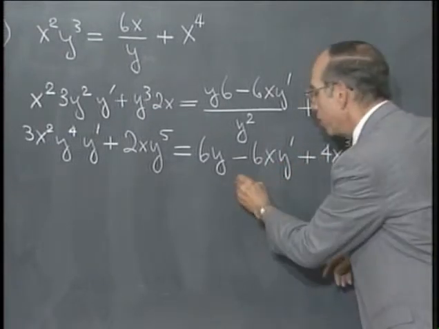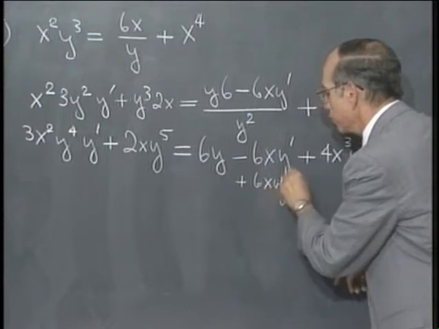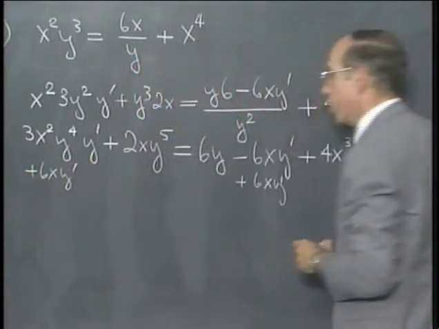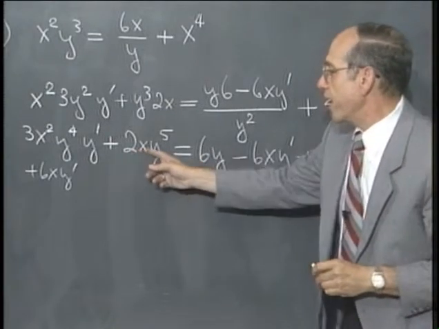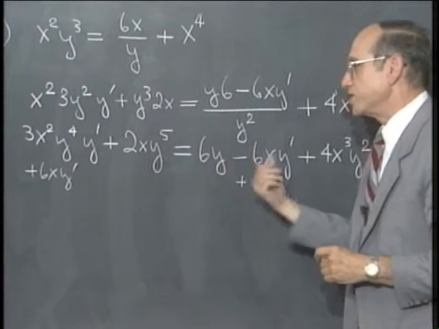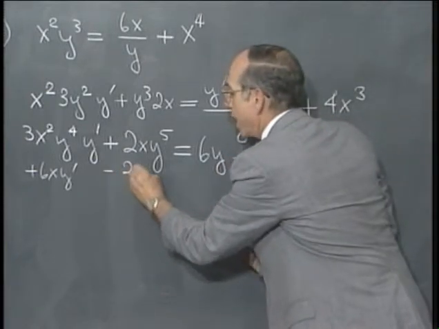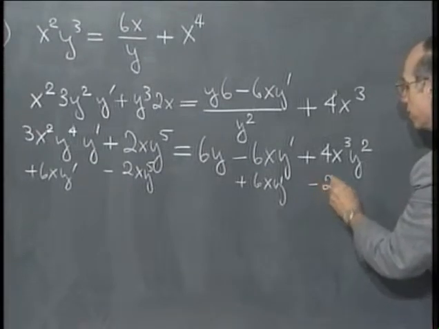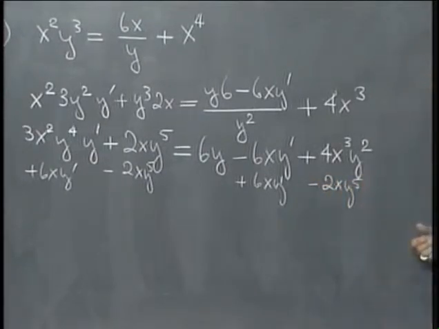And at the same time, as we do that, we're going to move this 2x y to the fifth term over to the right-hand side by subtracting 2x y to the fifth from both sides of the equation.